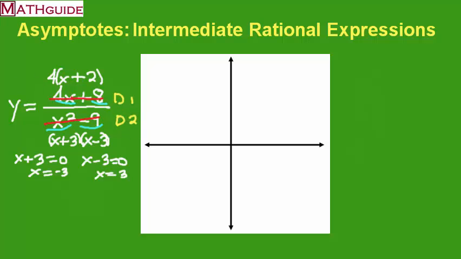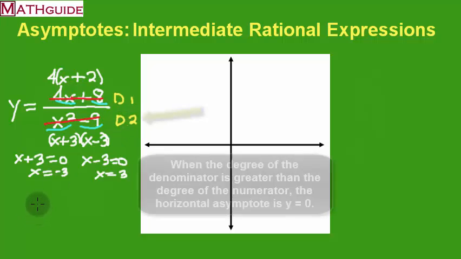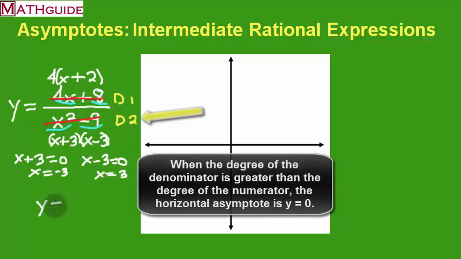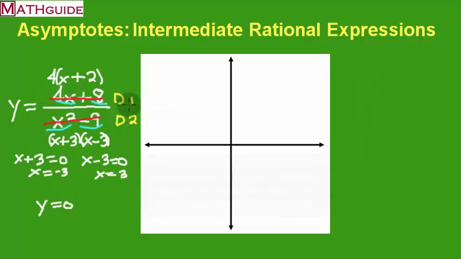In the event that the numerator and denominator are different degrees and the degree of the denominator is larger, the horizontal asymptote is going to be y equals 0. It's always the case. If they were equal, you would take the ratio of the leading coefficients. So this would be 4 over 1. It would be 4 if their degrees were equal. But they're not, so that's why it's y equals 0.